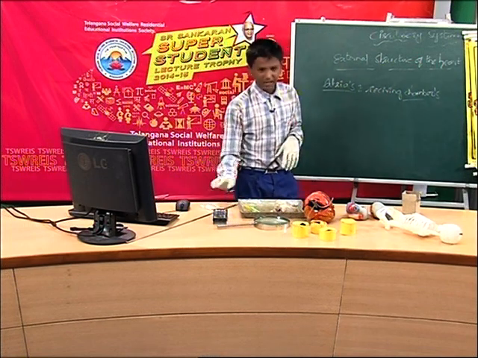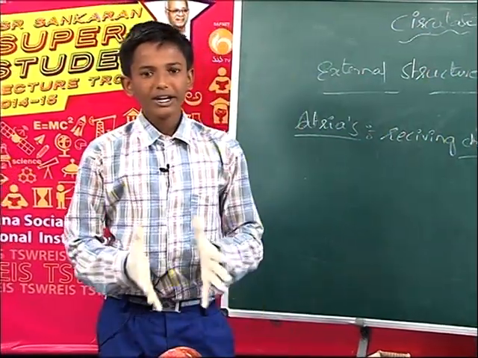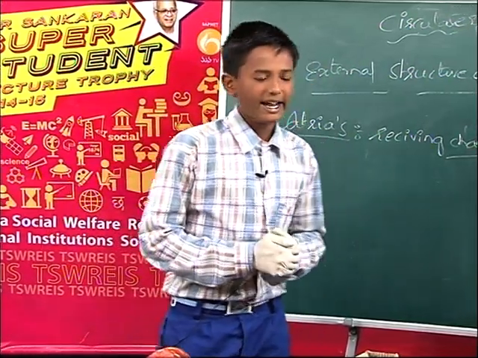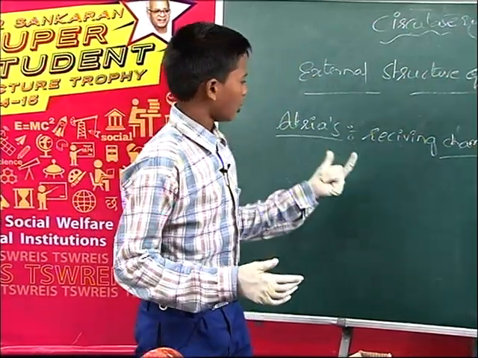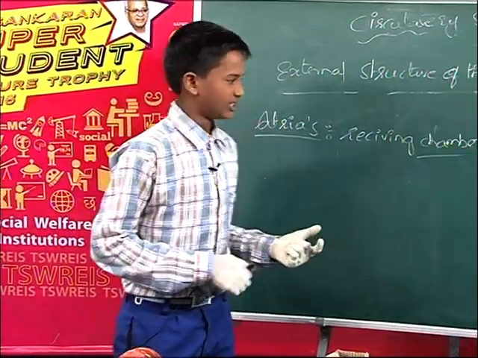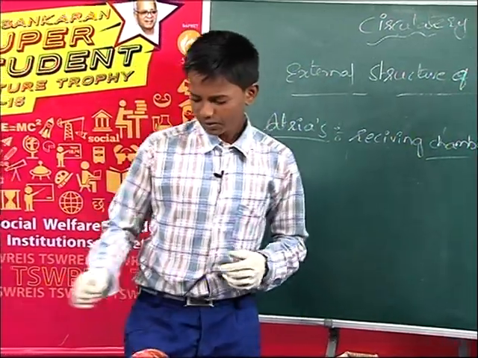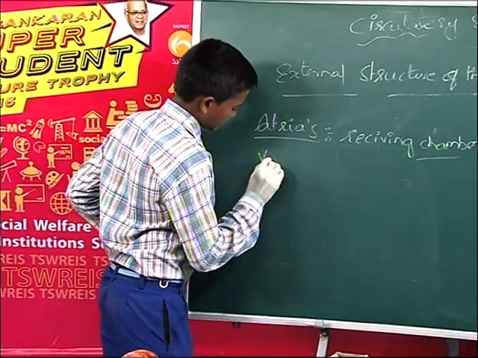Very good, because the ventricle has to press the blood with great pressure. Hence, the ventricles consist of thicker muscles. So, atria have thinner muscles, as they receive the blood from all parts of the body. So, Tswreis, now we learn about the ventricles.